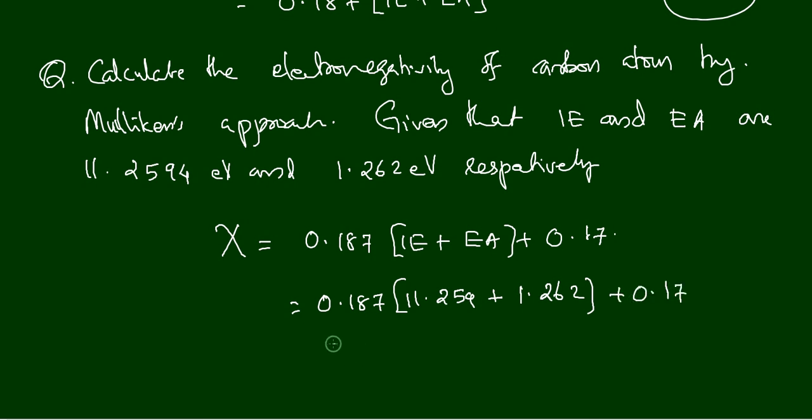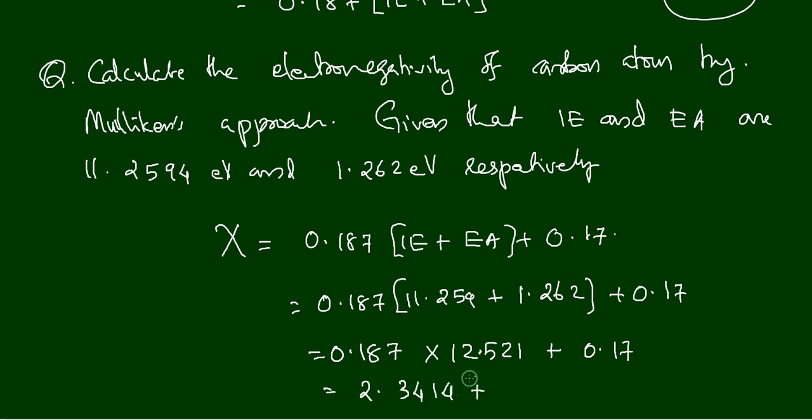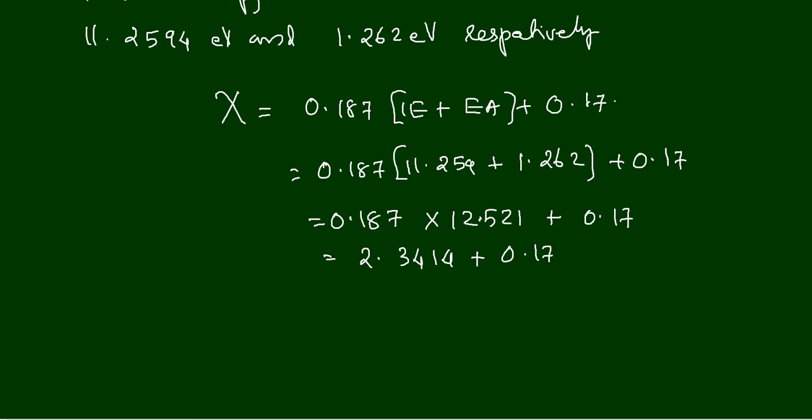So we get 0.187 into 12.521 plus 0.17, and that is equal to 2.3414 plus 0.17, which is equal to 2.51. So chi C, the electronegativity of the carbon atom in this approach, is equal to 2.51.